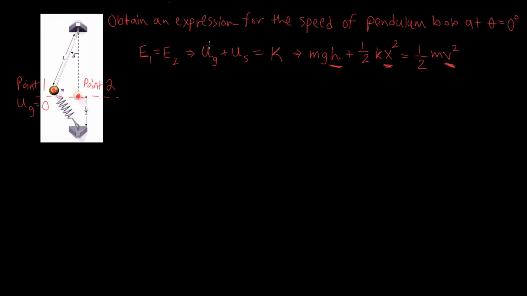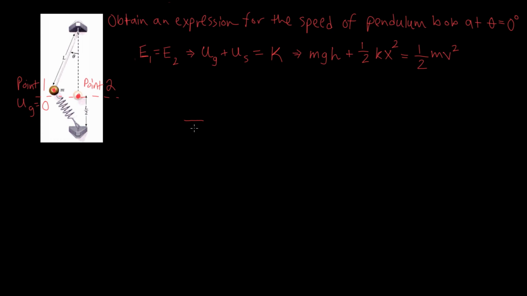The variable h isn't a given variable, so we would have to derive an expression for it. And the variable x is also not defined in our expression or in our diagram. So we would have to come up with expressions for those two variables, plug them into our equation, and then we could solve for v.